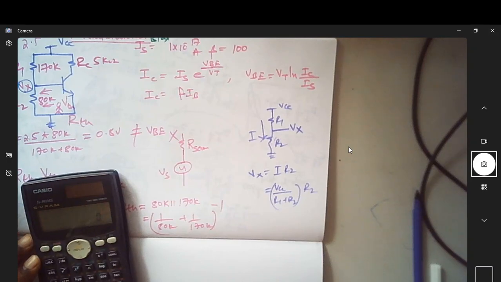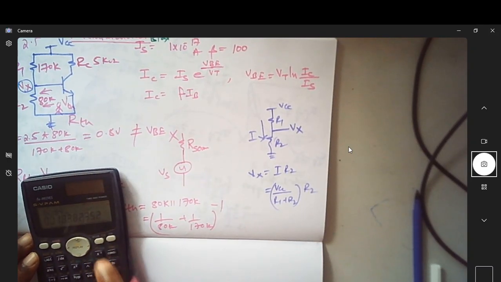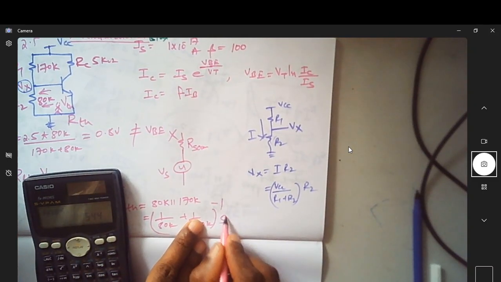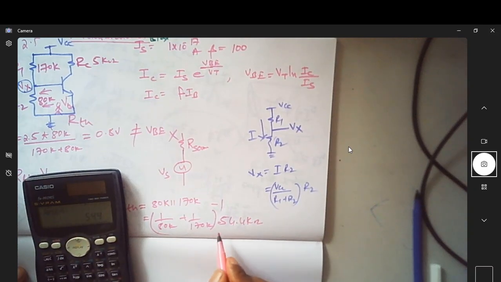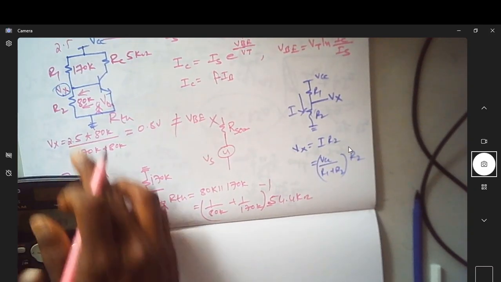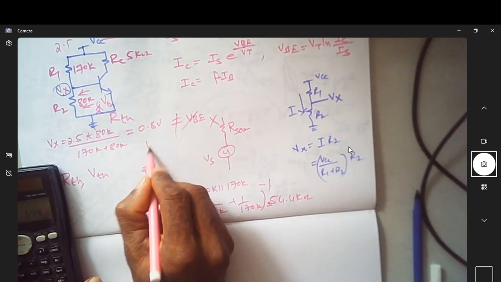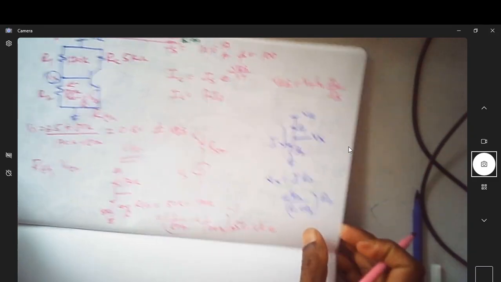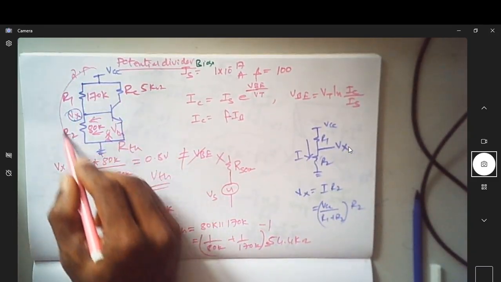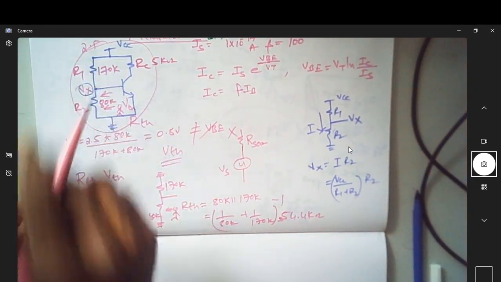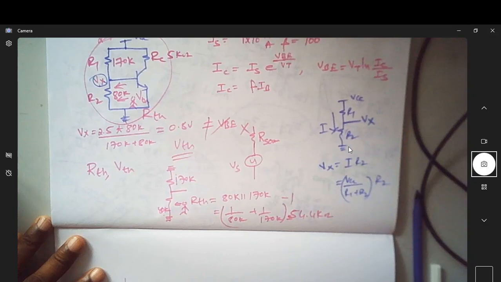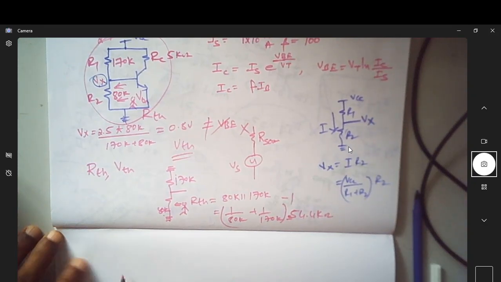You can write it as 80 inverse plus 170 inverse, whole inverse, which is 54.4 kilo ohm. 54.4 kilo ohm is R Thevenin. What is V Thevenin? V Thevenin is this only. So now, how do you replace this entire circuit with R Thevenin and V Thevenin? This potential divider is now replaced by a V Thevenin and an associated resistance, which is R Thevenin.